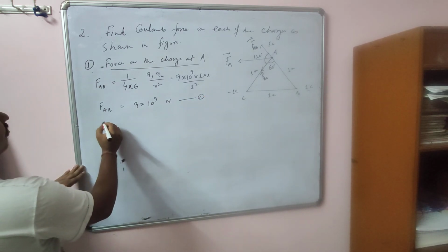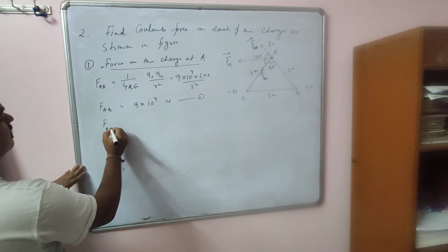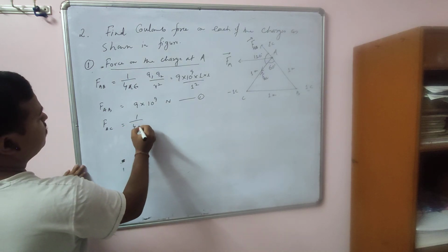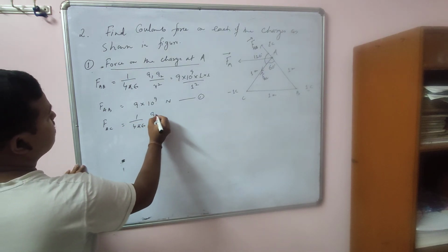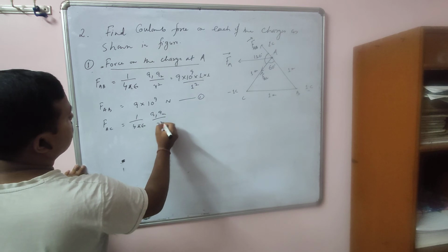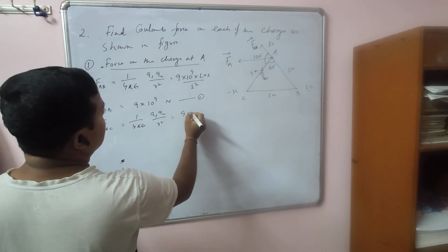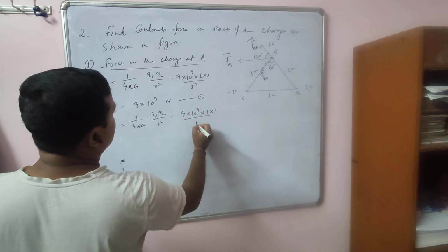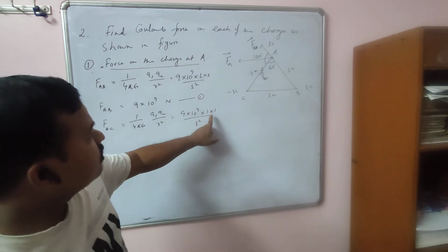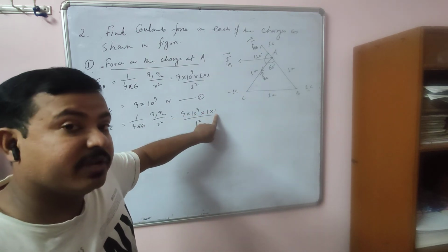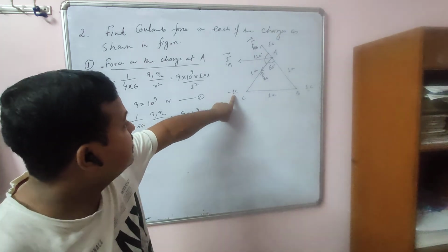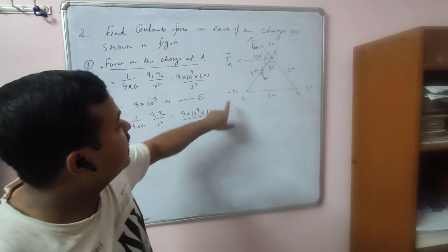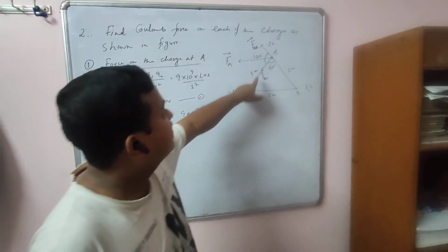Then you find F AC, 1 by 4 pi epsilon Q1 Q2 by R square. Here also it is the same, 9 into 10 to the power 9, 1 into 1 by 1 square. Now here you need to be careful about the minus sign. This is very important. Here this C is minus 1 coulomb, but you don't put the negative sign, because you have already found the direction.